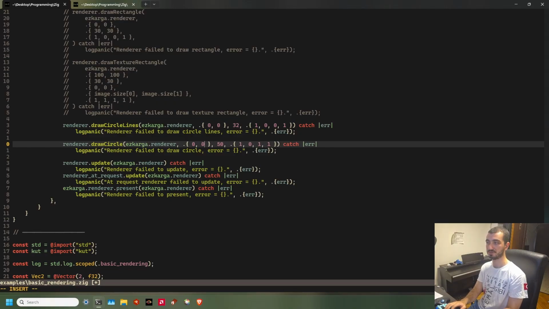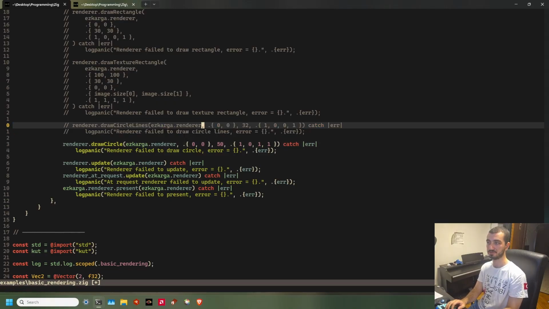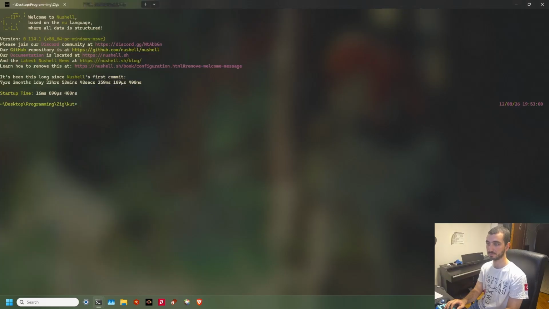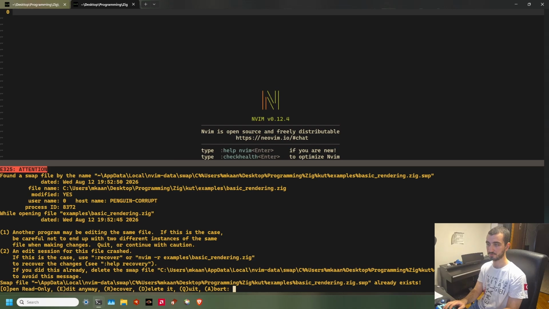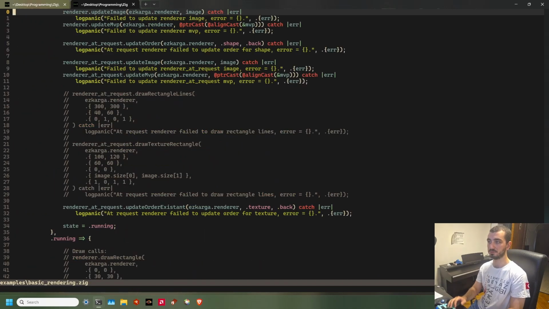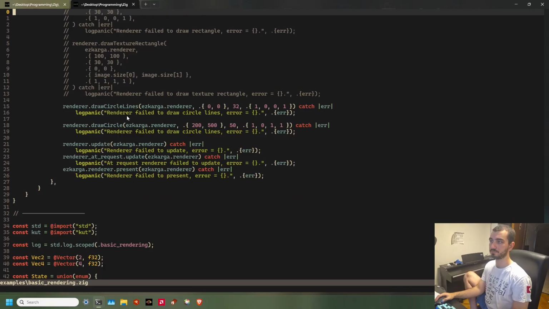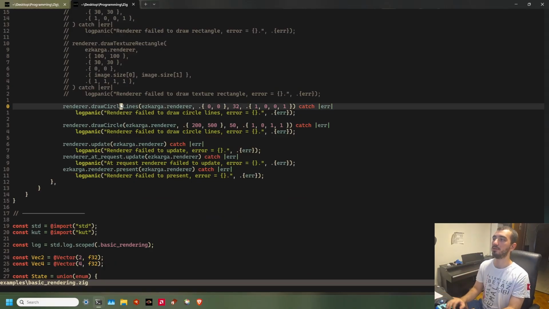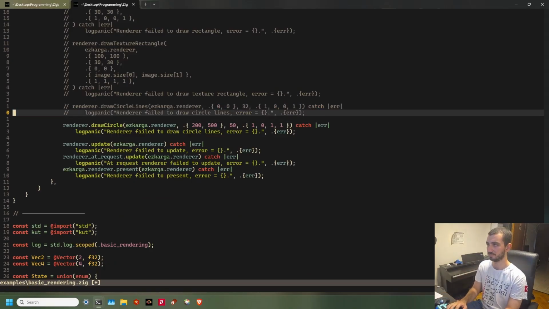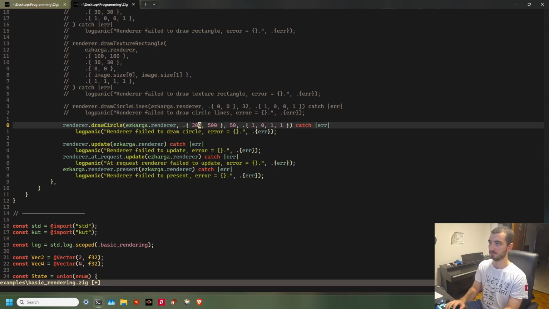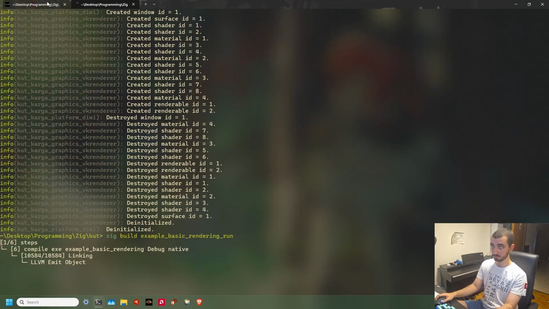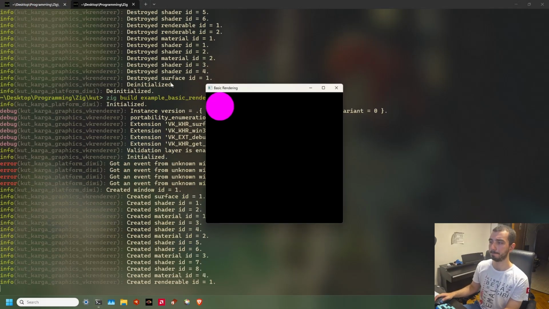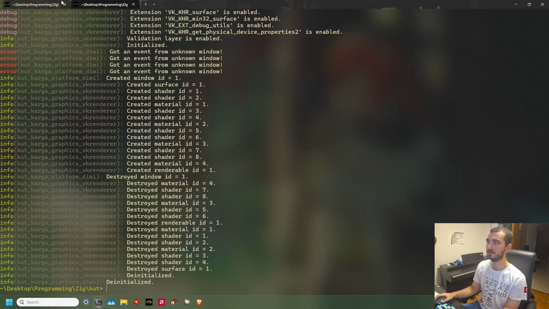Okay, let's make this 0, 0. And let's not draw these lines. Oh, I closed the thing. Let's not draw this, and let's draw this at 0, 0 and see what we did wrong. Okay, so 0, 0 is correct.